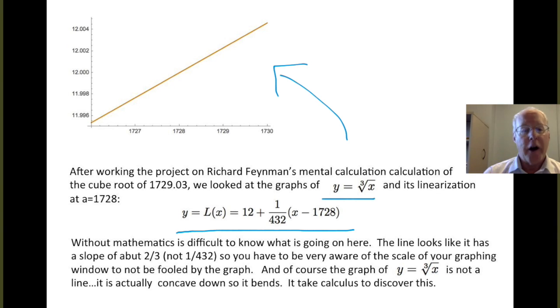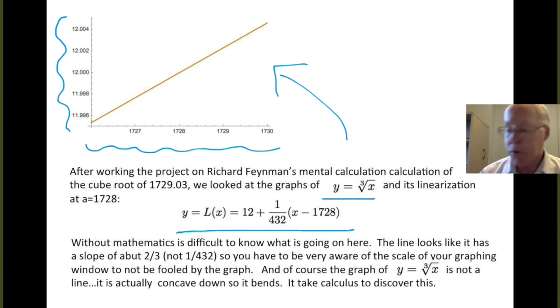And again, if you're not aware of what you're doing in terms of calculus, it's hard to know how to interpret this picture. First of all, the line looks like it has a slope of about minus 2/3, not 1 over 432. There is a reason you always want to be aware of the scale on your y and x axes. There's quite a big spread of change of 4 on the x-axis down here, but only a very small change on the y-axis.